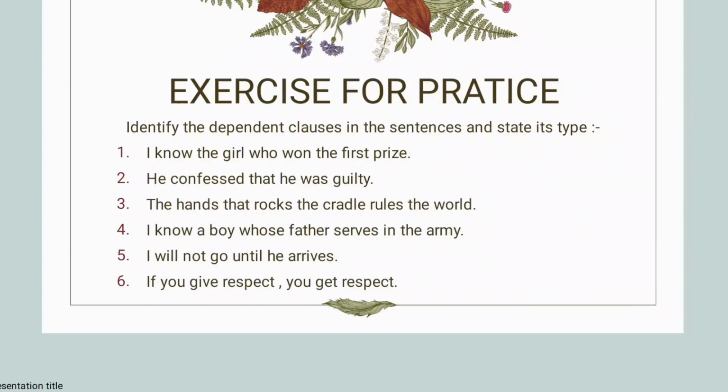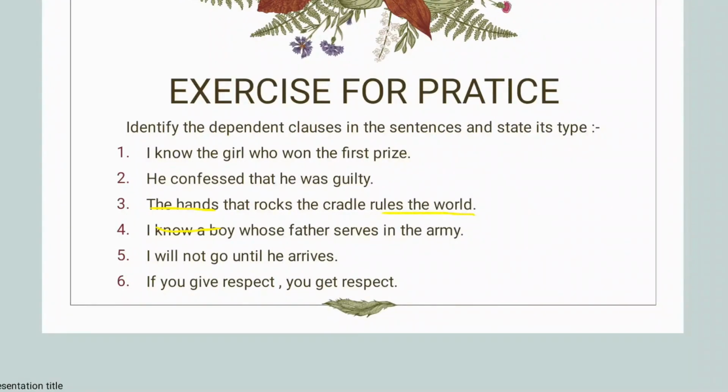Then, the hands that rock the cradle rule the world. Now, which is the main clause? The hands rule the world.